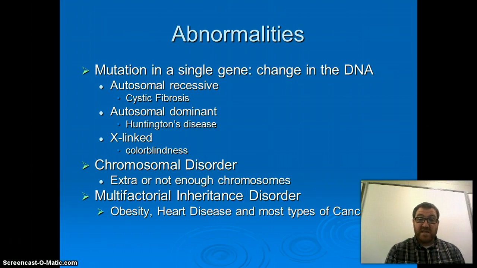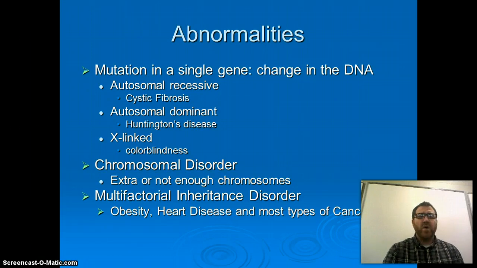For example, obesity, heart disease. Not only do people have a genetic predisposition to these specific disorders, but there could also be some lifestyle or external factors that may push certain groups of people into those particular categories.